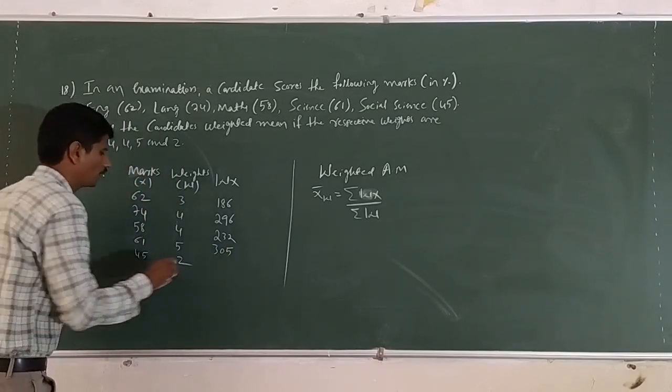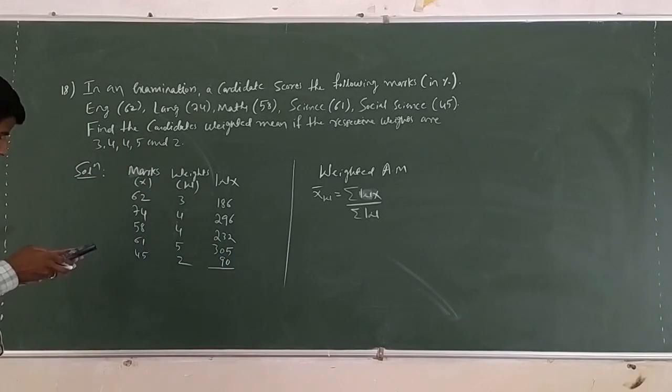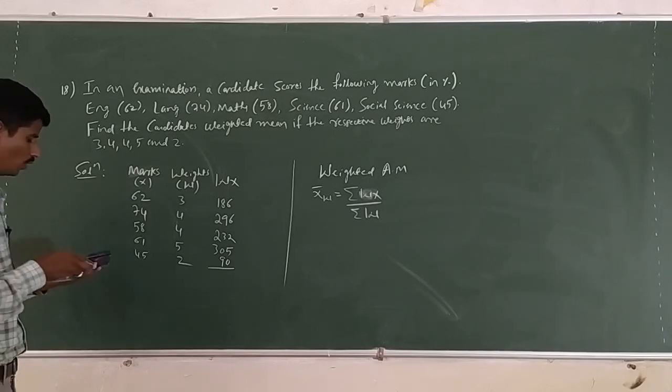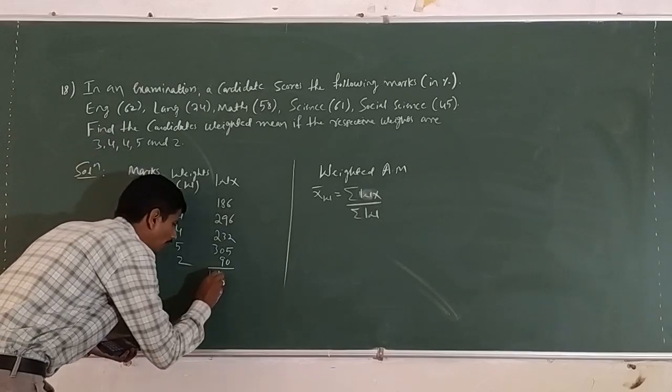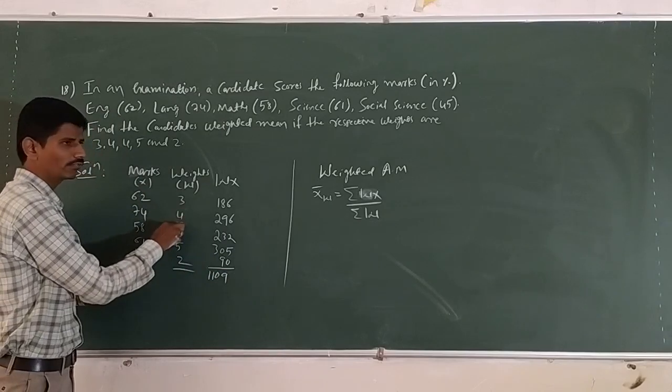The next 45 into 2 is 90. Then the sum of wx is 1109.